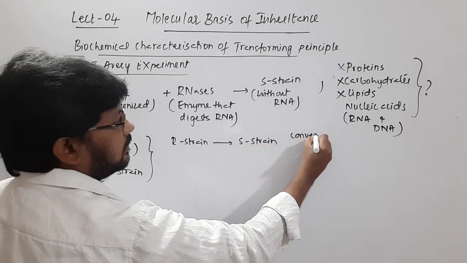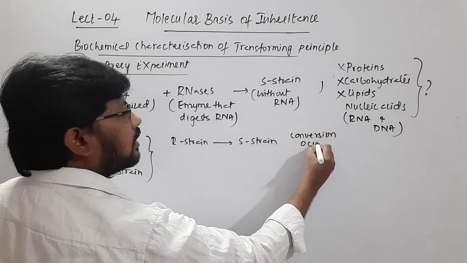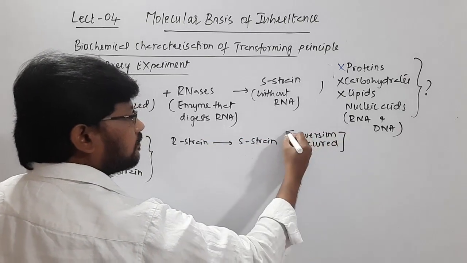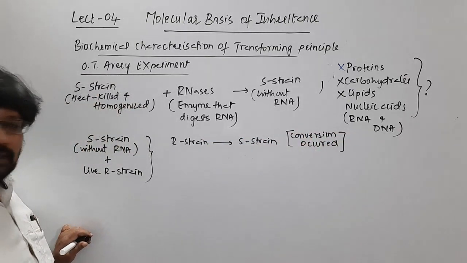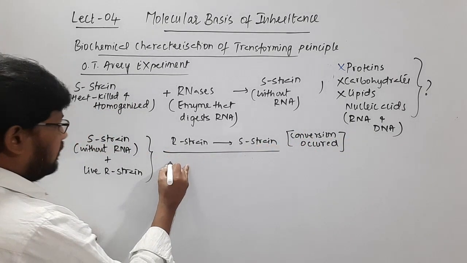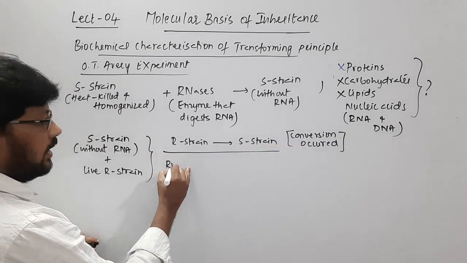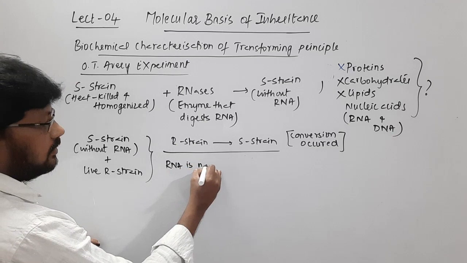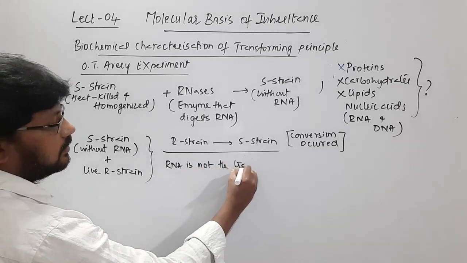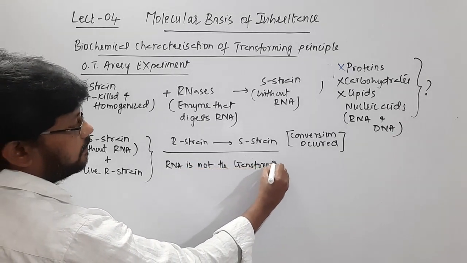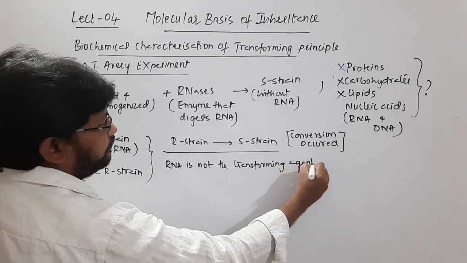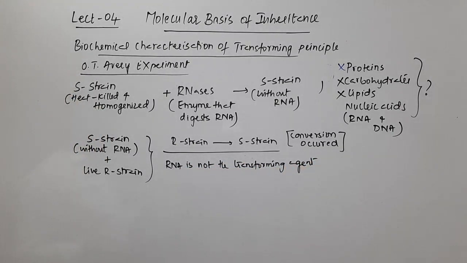So again conversion occurred, and with this we conclude that RNA is not the transforming agent, or the genetic material.